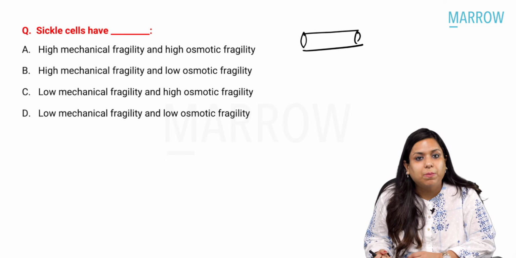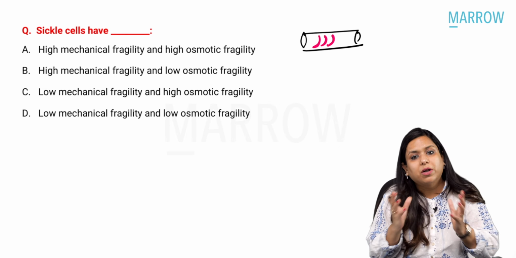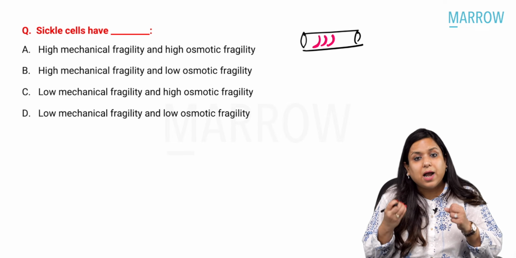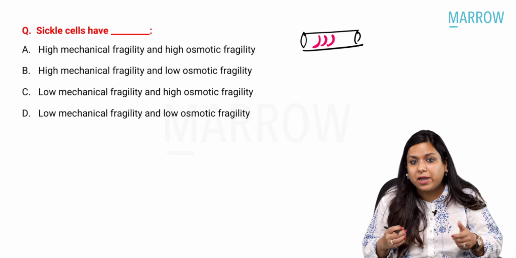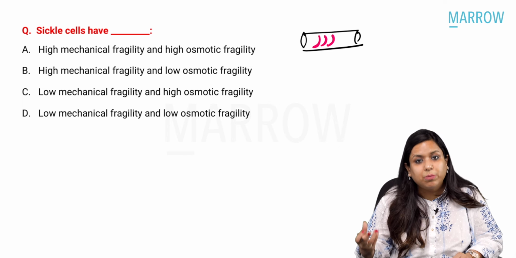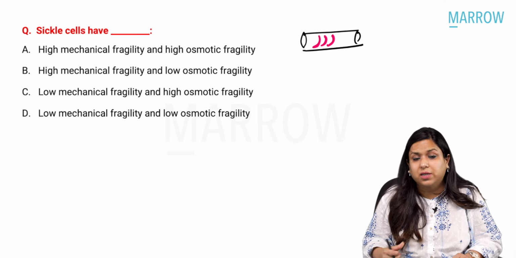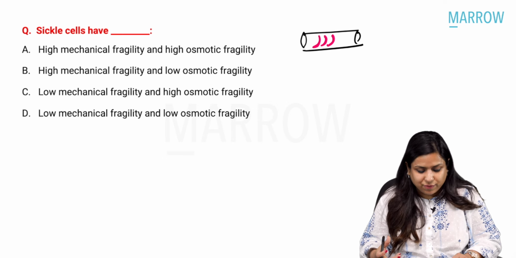If my cells are now sickle cells, they are unable to get modified, right? And that is why they are really fragile. They can be easily destroyed, right? That is why it leads to hemolysis. So will they have high mechanical fragility or low mechanical fragility? They will have high mechanical fragility, right?